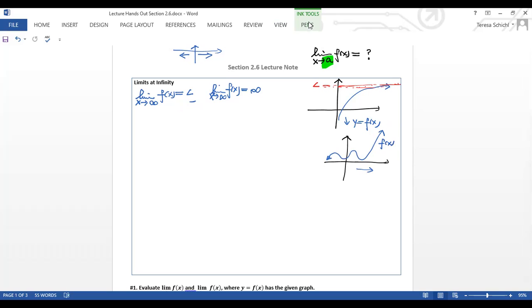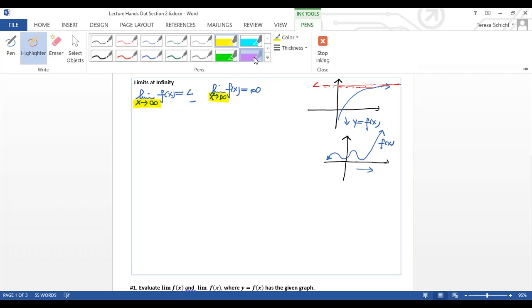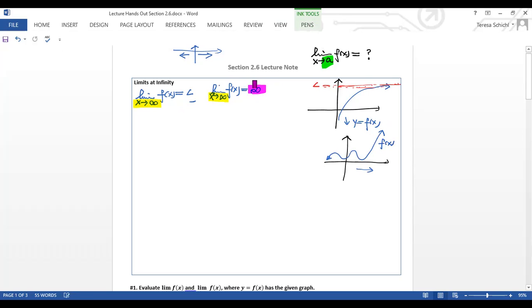So when the limit as x approaches infinity, you could either approach a fixed number, or you could approach infinity as well. I used positive infinity as the example, and it's true for negative infinity as well.